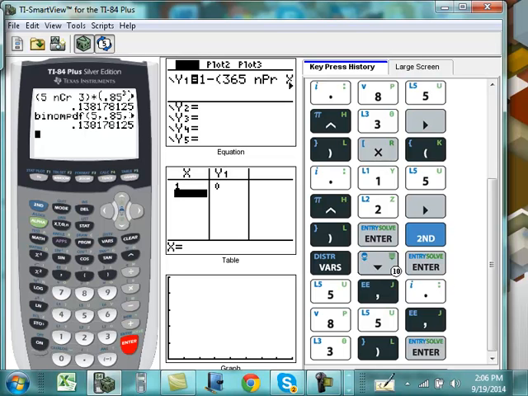Now let me ask you the question. Suppose that we wanted to calculate the probability of there being 3 or fewer people out of 5 who knew what Twitter was. In that case, we would have to calculate the probability of there being 0 people who knew what Twitter was, or the probability of 1 or 2 or 3.